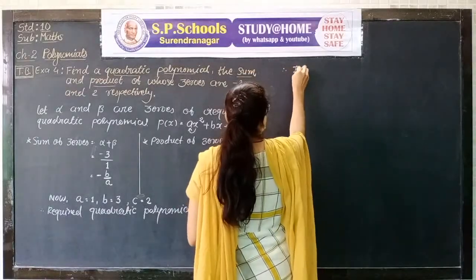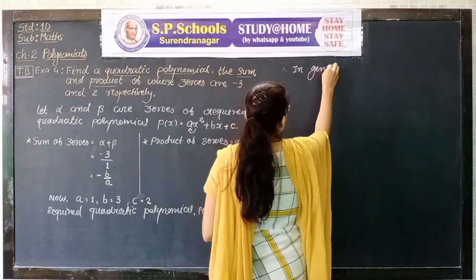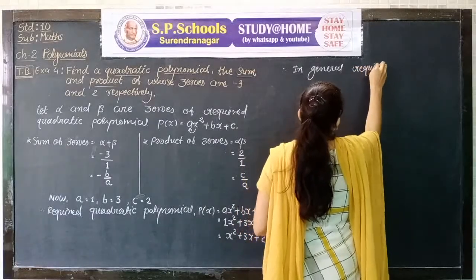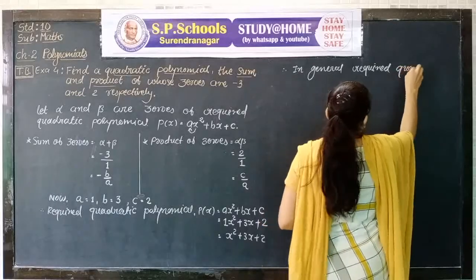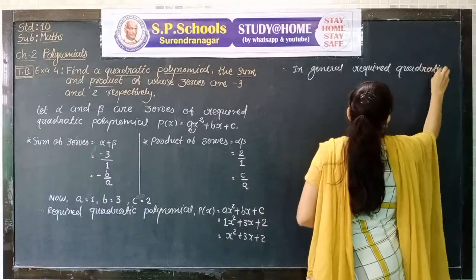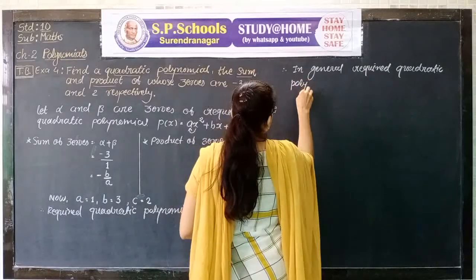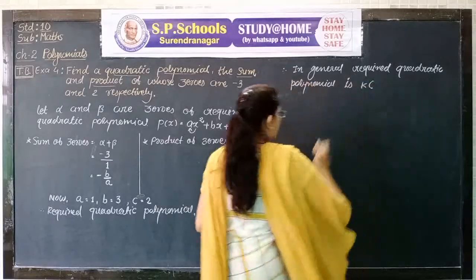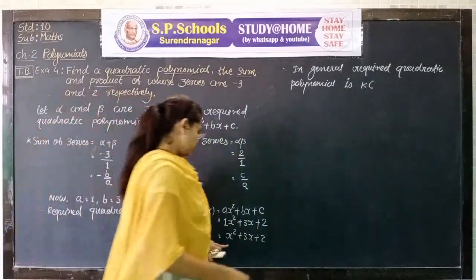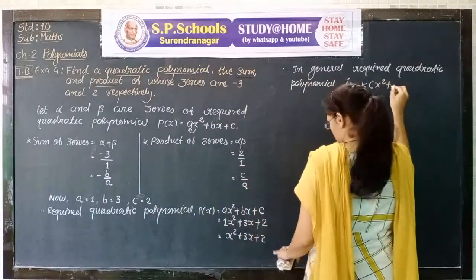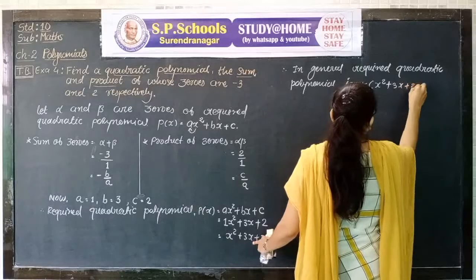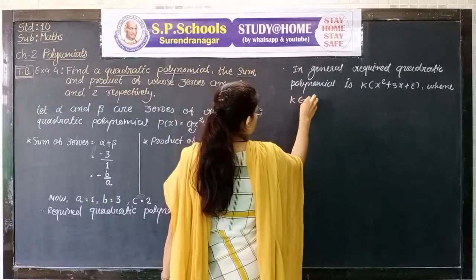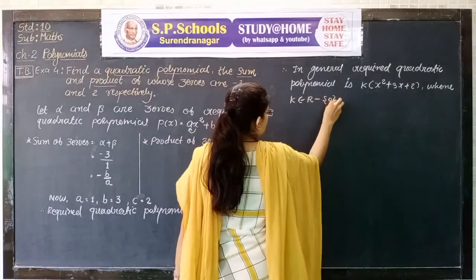Therefore, in general, the required quadratic polynomial is k into bracket our polynomial x square plus 3x plus 2, where k belongs to R minus 0.